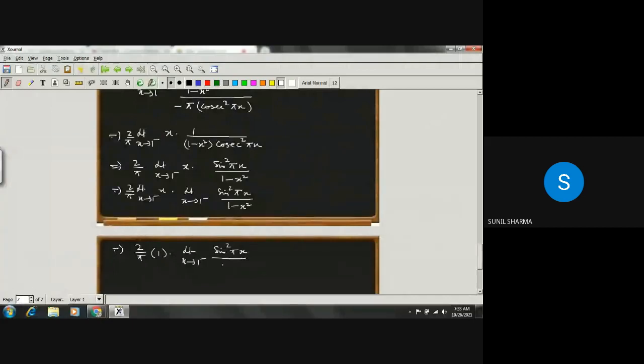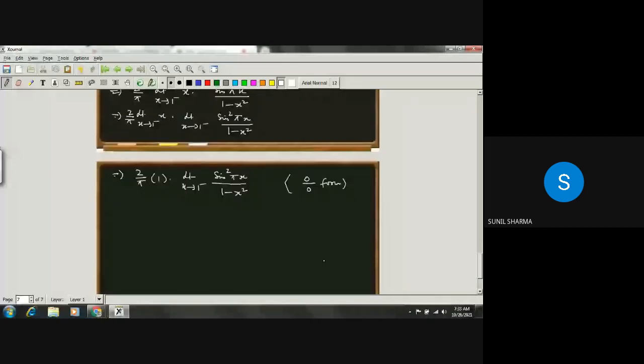So it is in the form of 0 by 0. And we know that if some limit function is in the form of 0 by 0, we apply the L'Hopital rule. Again applying the L'Hopital rule, we get 2 by pi into limit x goes to 1 negative.